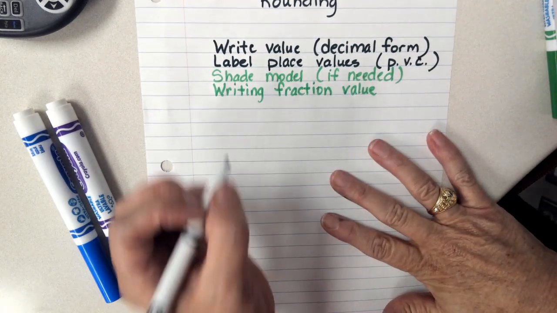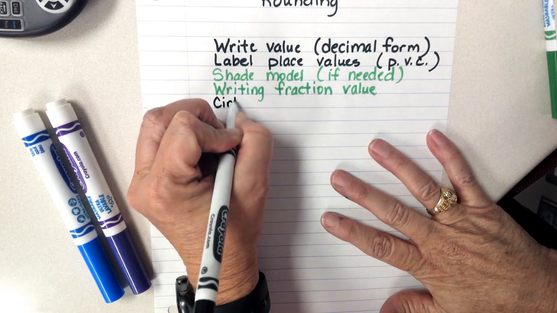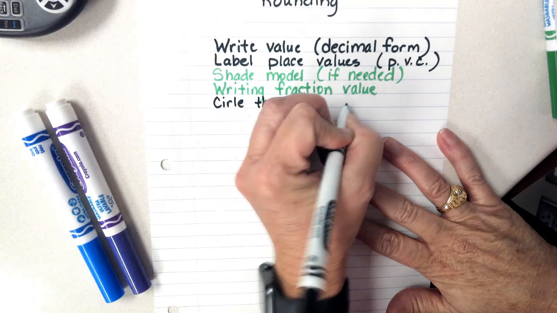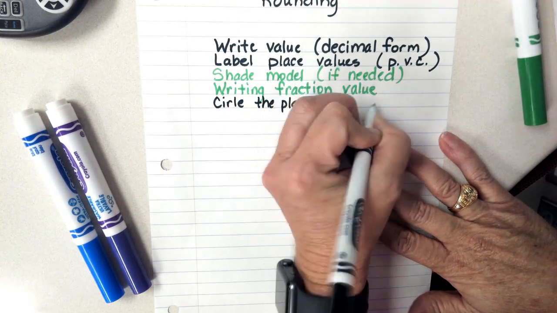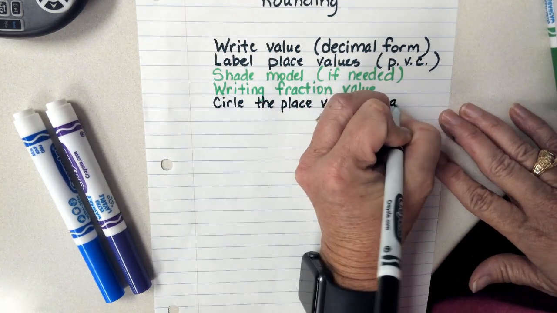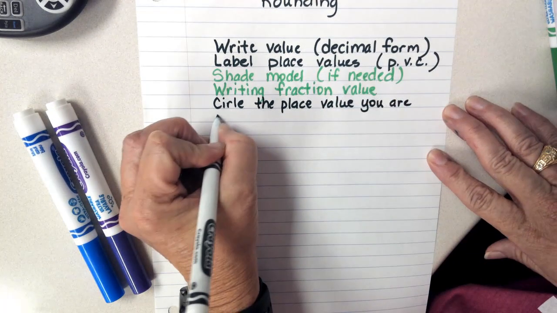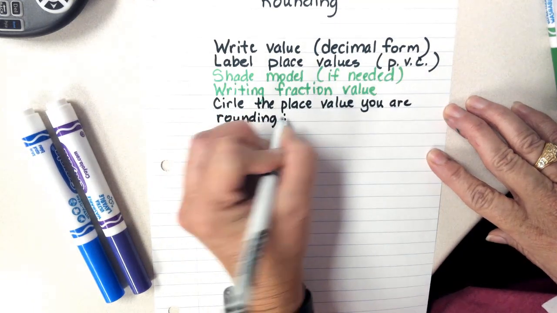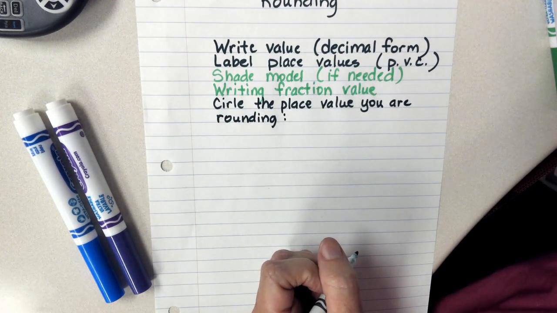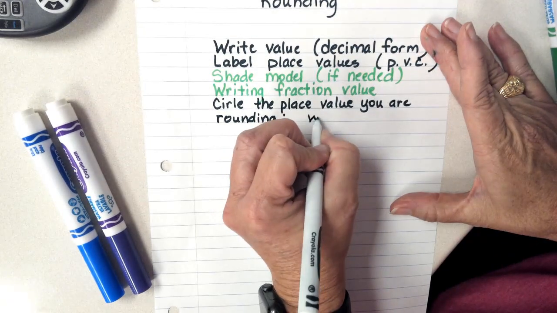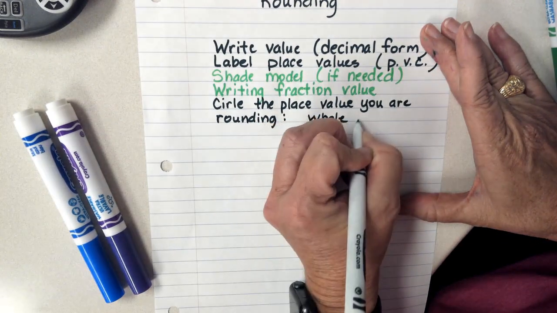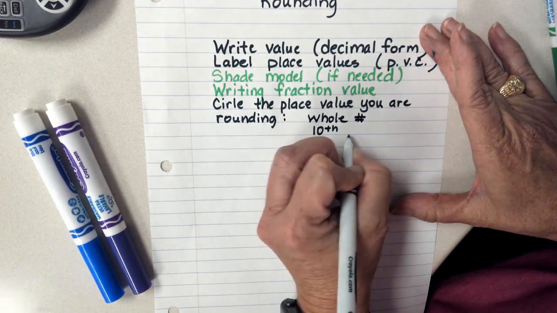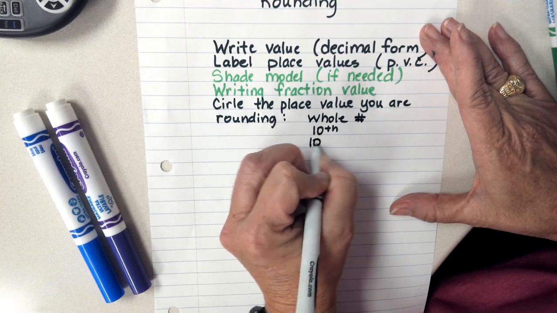Then we simply want to circle the place value we're rounding. In 5th grade, we're responsible for rounding to the nearest whole number, the nearest tenth, the nearest hundredth.